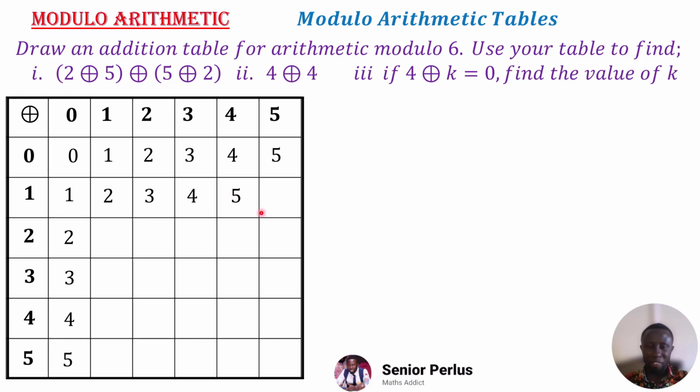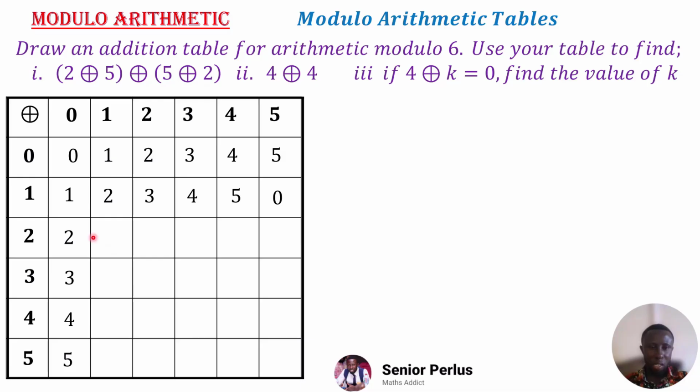And 1 plus 5 is 6, and 6 mod 6 is 0. So 6 minus 6 is 0, the remainder is 0. Very nice. Let's move on.